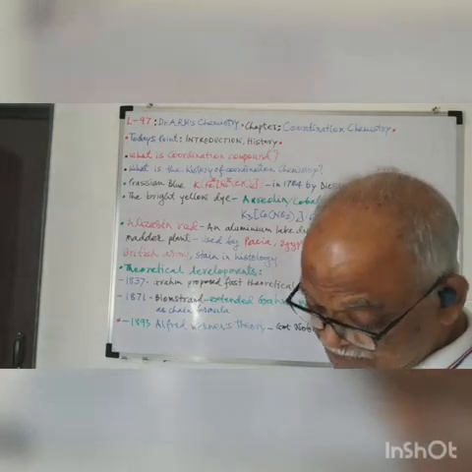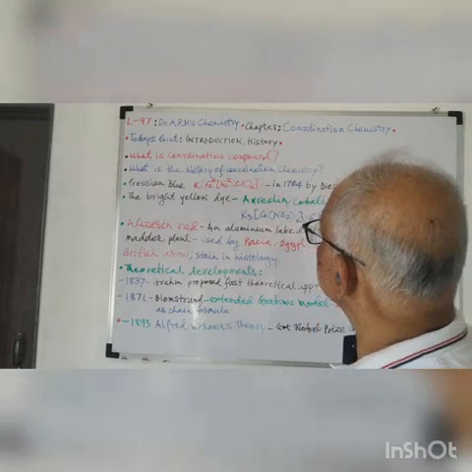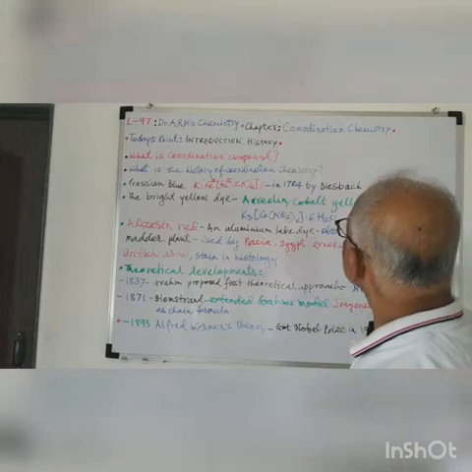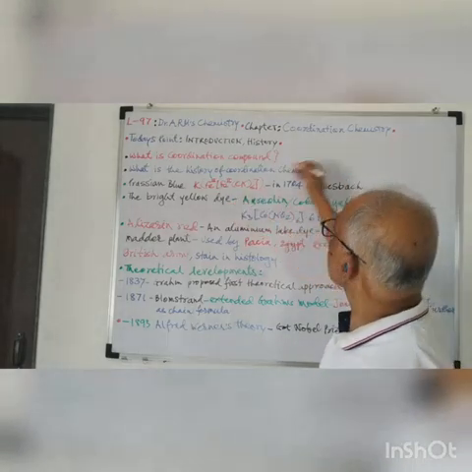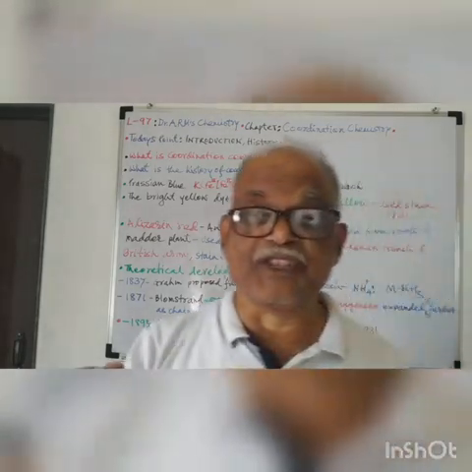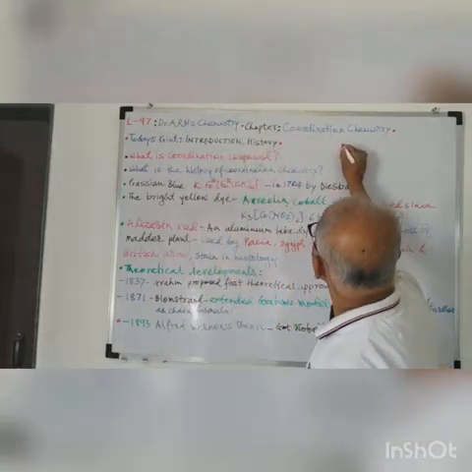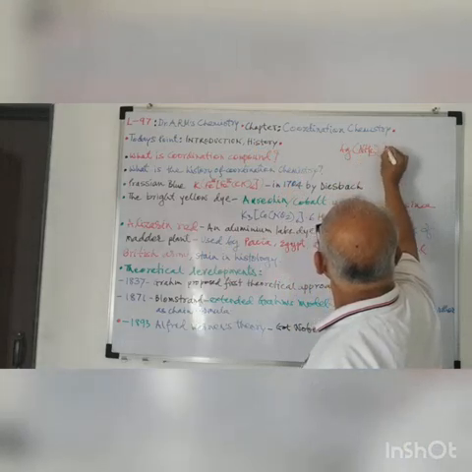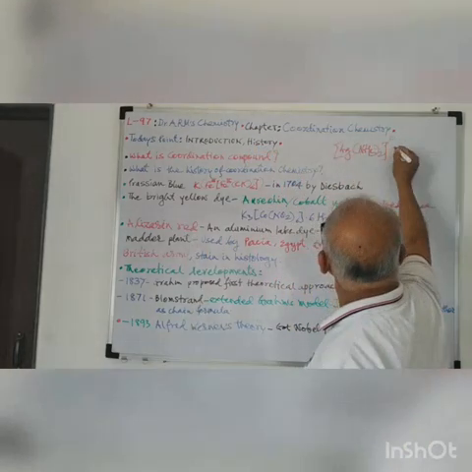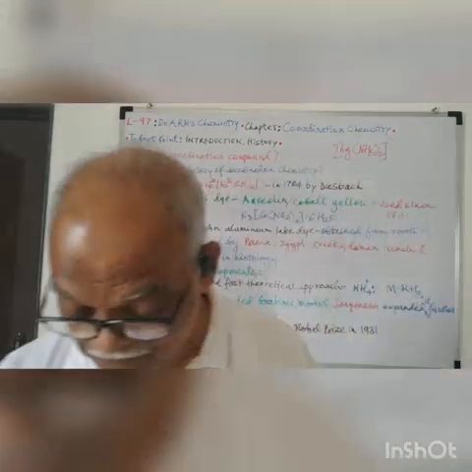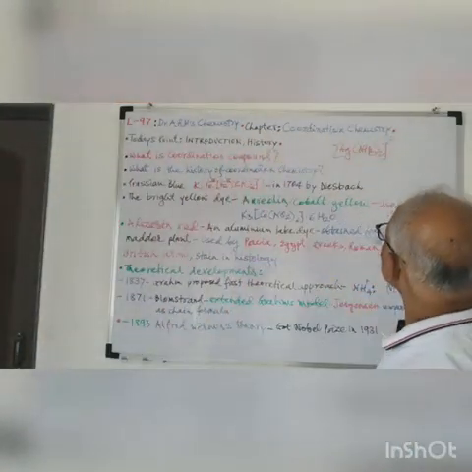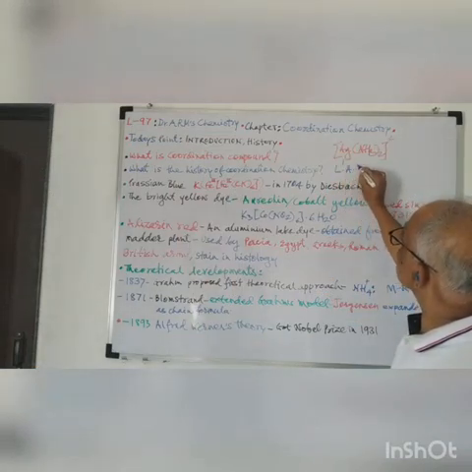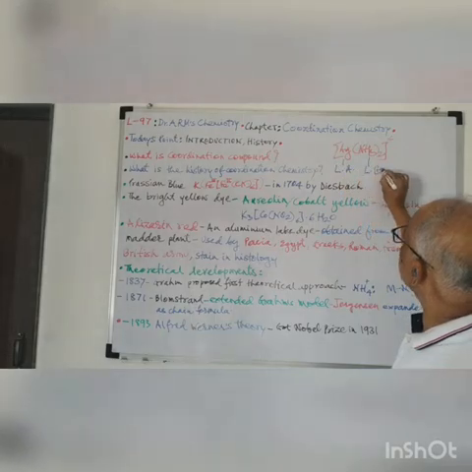The next point is, what is a ligand? We have discussed [Ag(NH3)2]+. Here the silver ion is a Lewis acid and NH3 is a Lewis base.